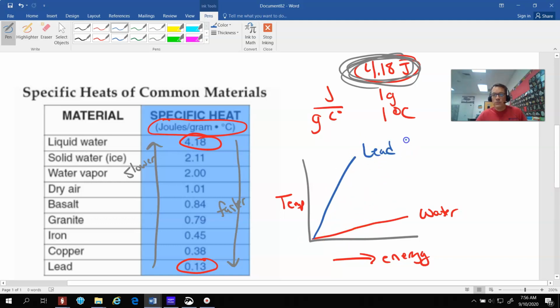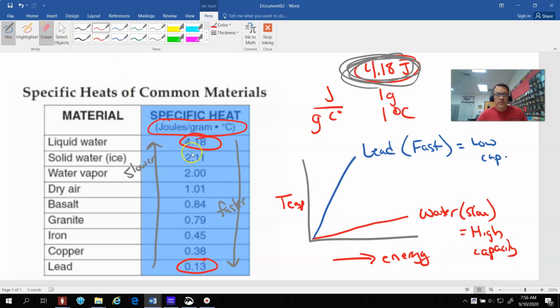So again, this would be fast heating, and that means low capacity. The water, on the other hand, is slow heating because it's a flat line, and that tells us that it's a high capacity.